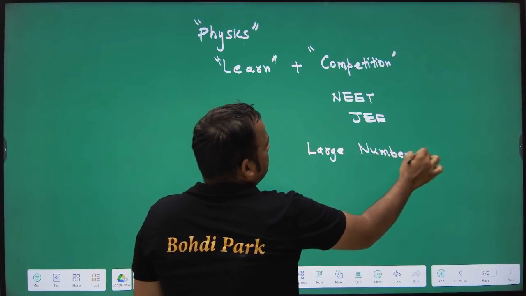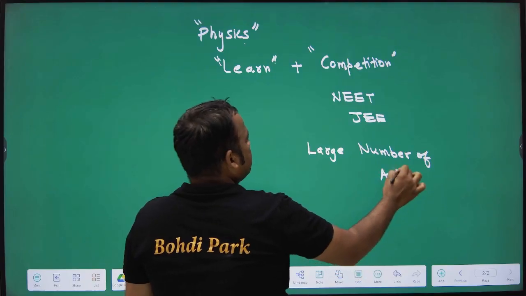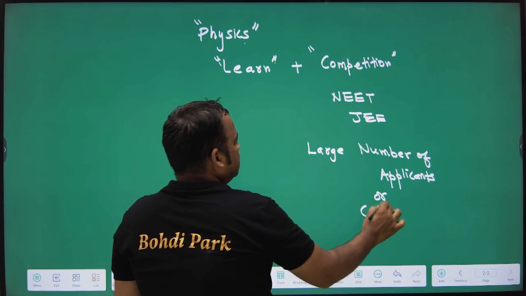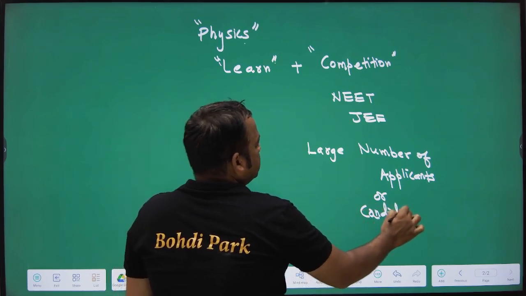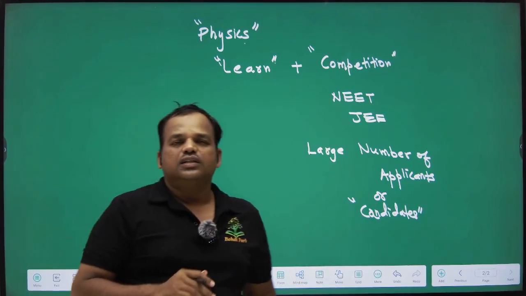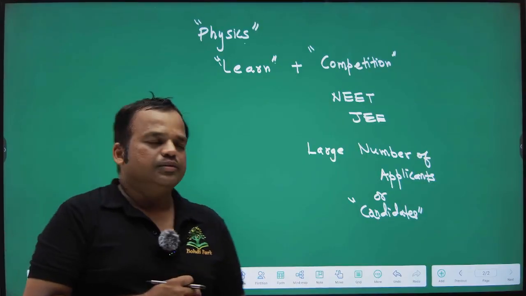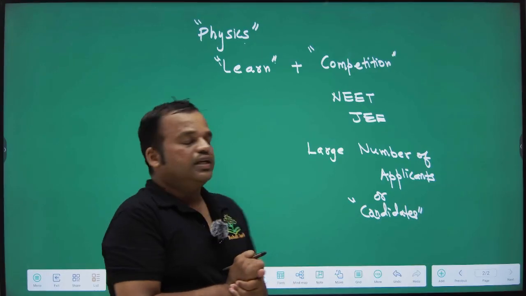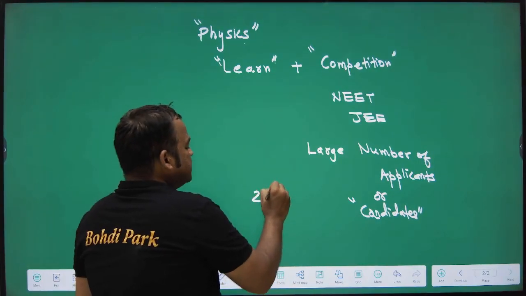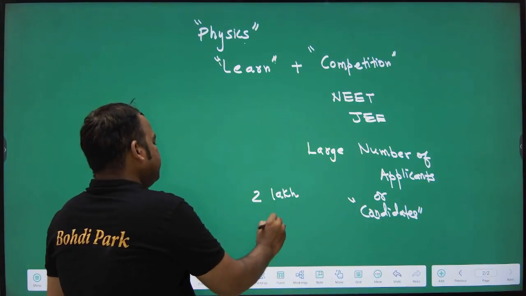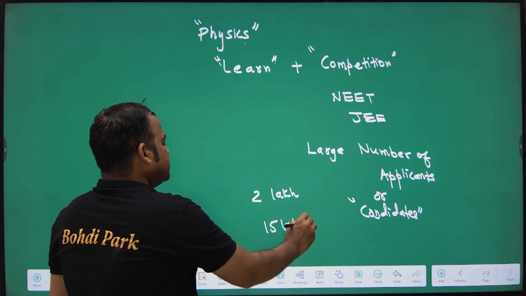A large number of applicants or candidates are applying for it, and the seats are limited. Suppose, for example, 2 lakh seats are there in engineering, and 15 lakh students are writing this examination.